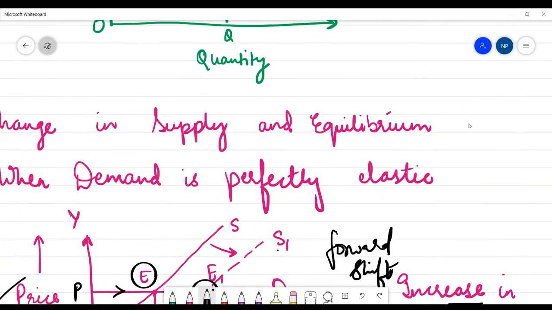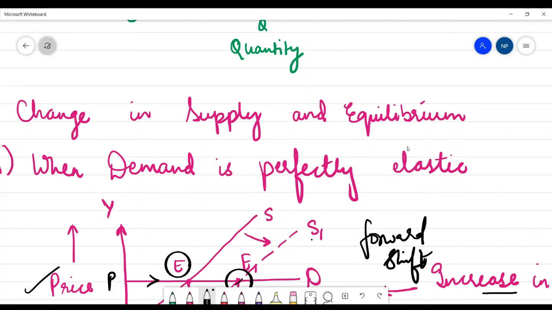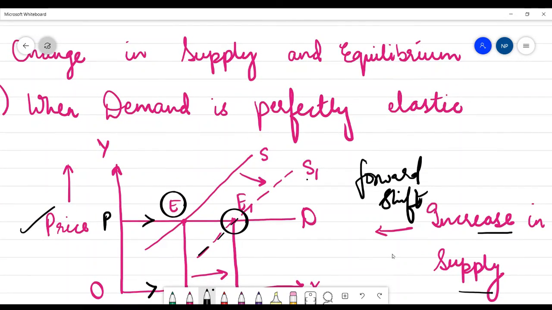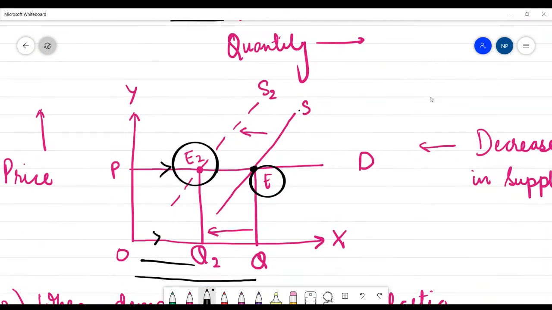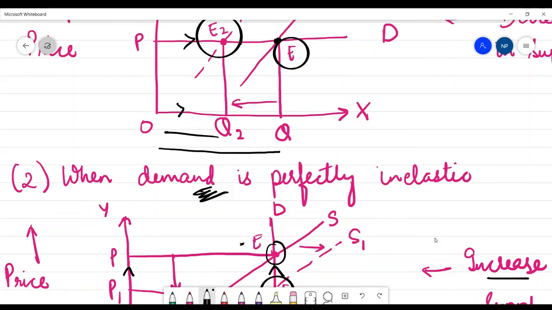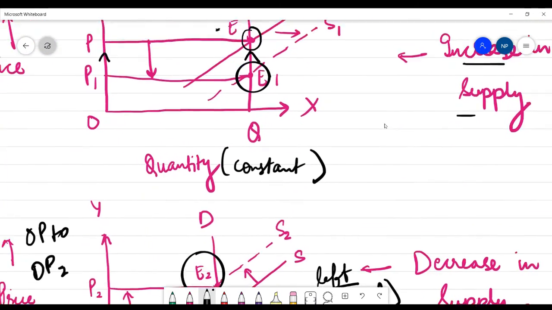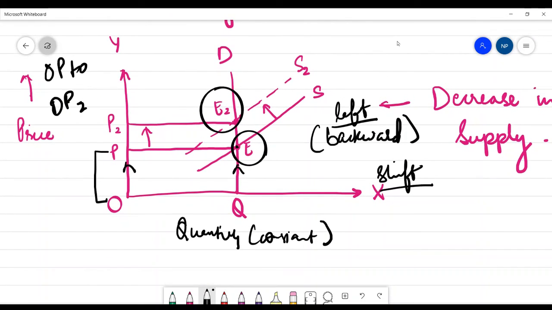The second one, change in supply: when demand was perfectly elastic, we have seen increase and decrease in supply. Also, when demand is perfectly inelastic, we have seen what happens to the supply curve with an increase and decrease in supply. So here basically, children, we are talking about the shifting of the supply curve and the demand curve. Nothing else difficult you will see.